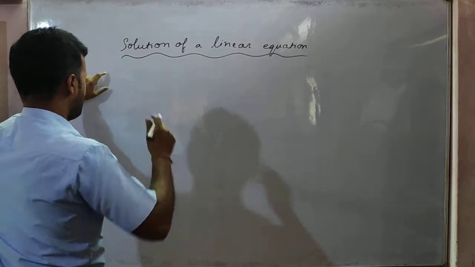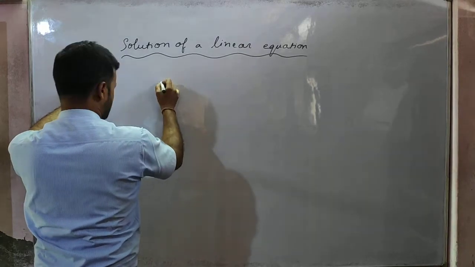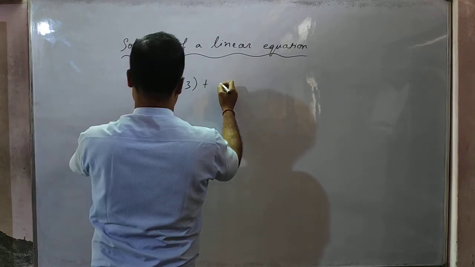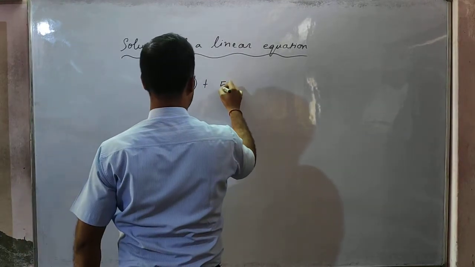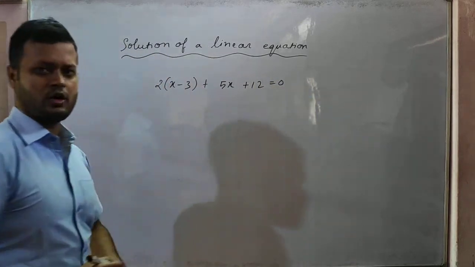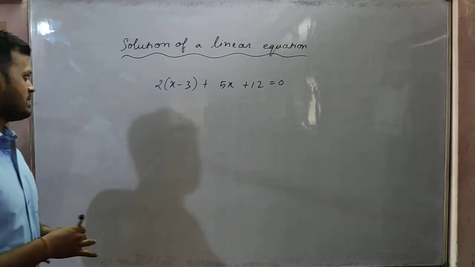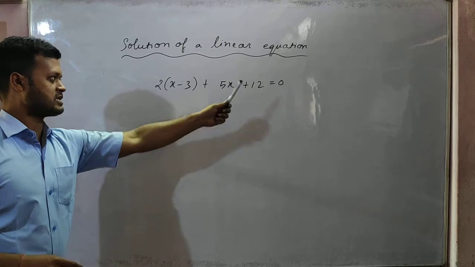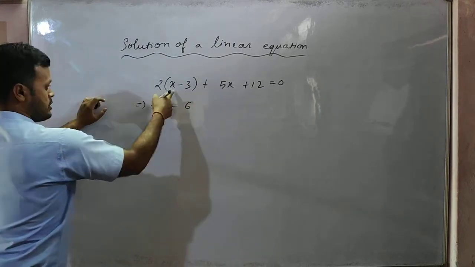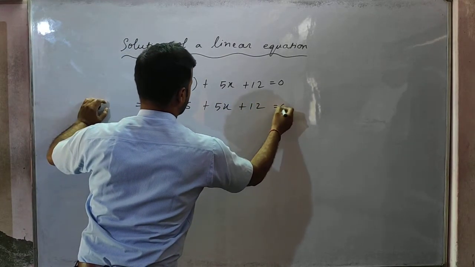Suppose we got this kind of equation, as I explained just a little bit before. We got this kind of equation in previous classes, isn't it? This is in one variable: 2 into x minus 3 plus 5x plus 12 is equal to 0. So how did we solve it? 2x minus 2 into 3, that is 6, plus 5x plus 12 is equal to 0.